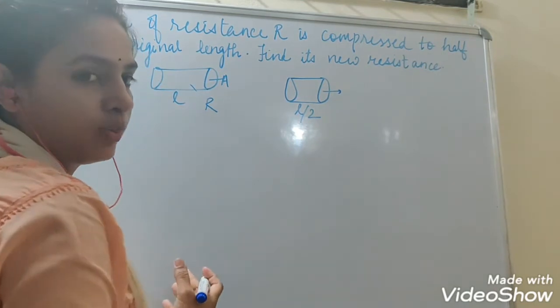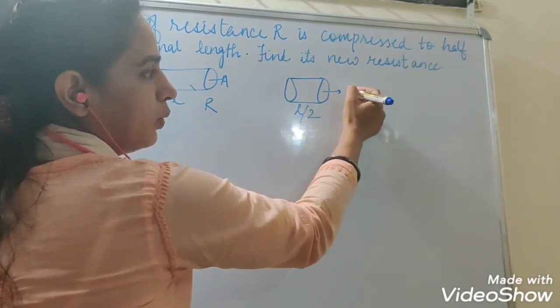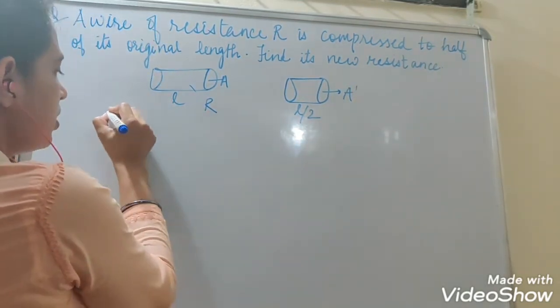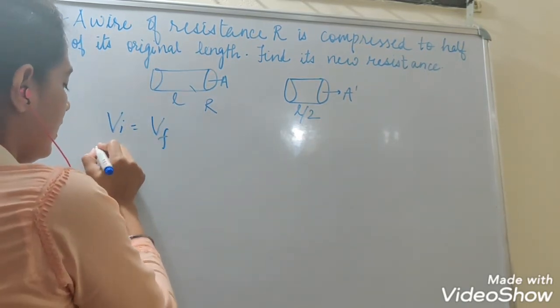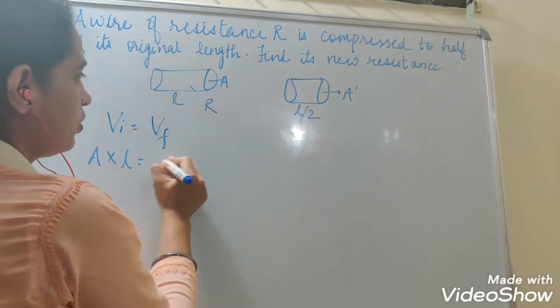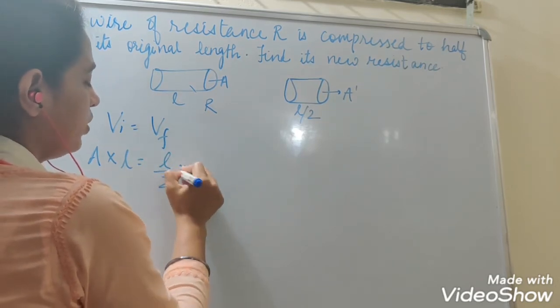Again, by the same volume conservation method, we can find the new area A dash. So initial volume is equal to final volume. A into L is equal to L by 2 into A dash.